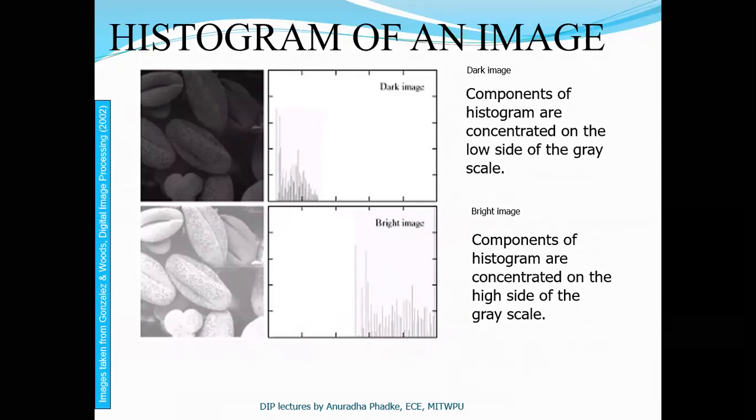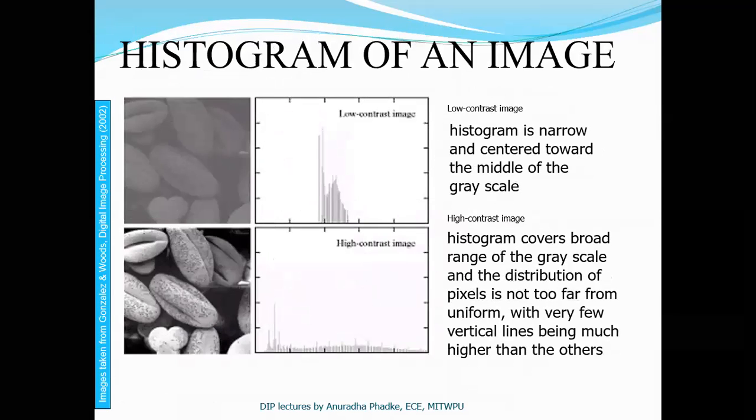Why is it known as histogram equalization? Because if your captured image has low contrast, your histogram is concentrated in a certain range. By applying histogram equalization, we try to spread this histogram approximately equally over the available dynamic range. And when the histogram becomes approximately uniform, we get a good contrast image.